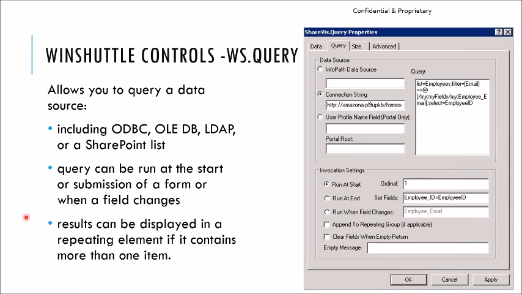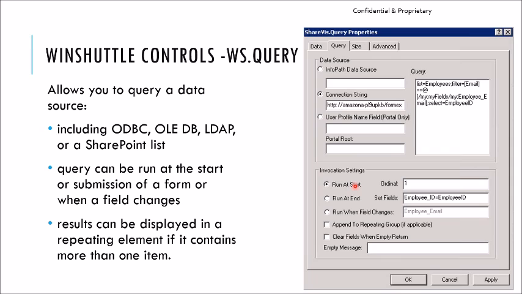Some of the other core functions, and we'll show you this in our examples today for our second half, are run at start, run at end, and run when field changes. If you want something to run at start, you can have it go load up the employee information, or load all of the drop-downs for states.